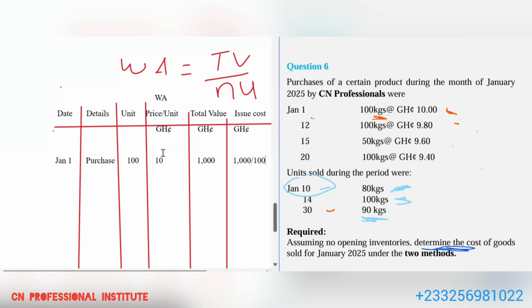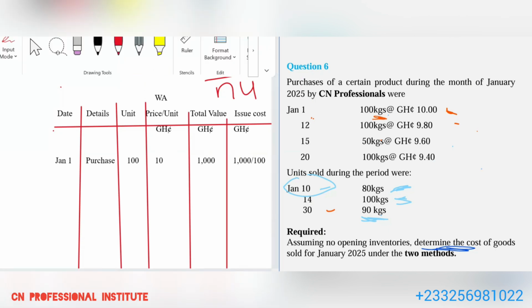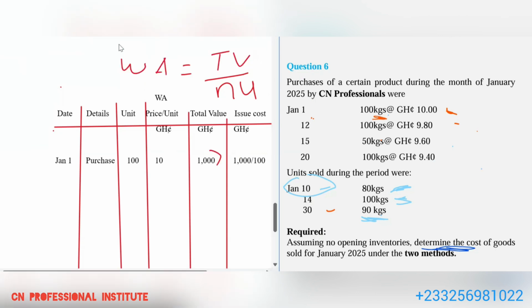So the issue price will be the value divided by the number of units. If you divide this, you should get 10, right? So the same 10 cedis is what we are going to use as our next issue cost. So that will be the cost per issue in our next issue.